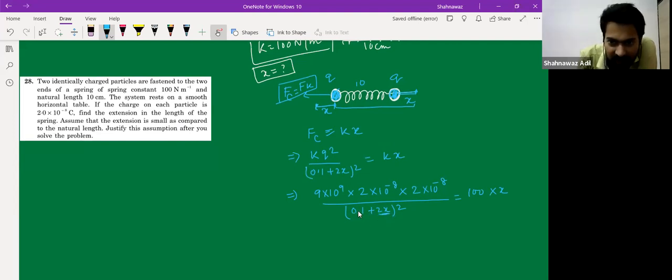So this extension is very, very small. We can neglect this part.